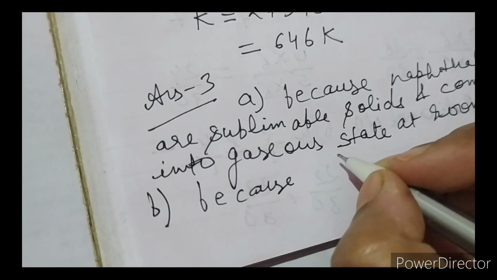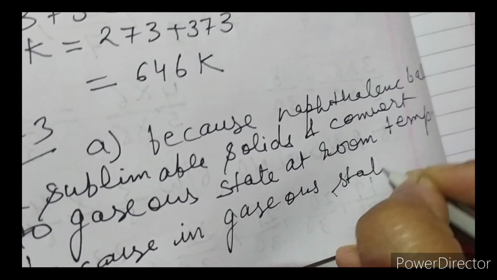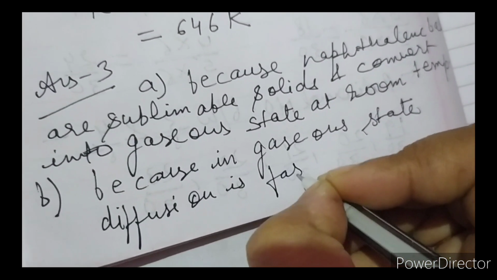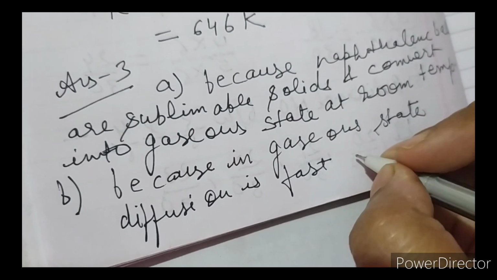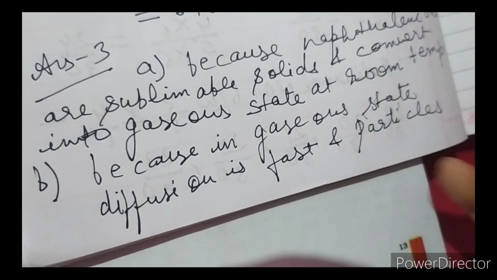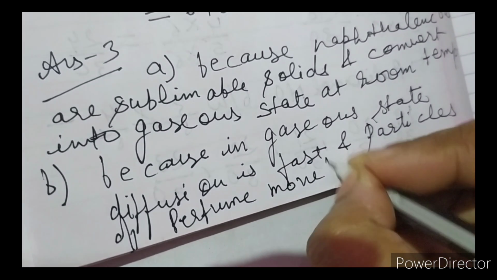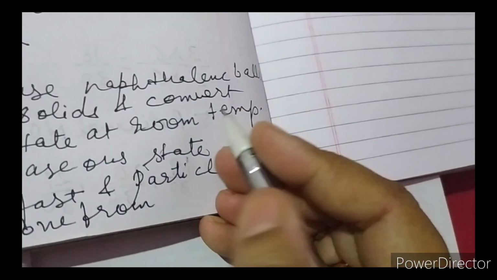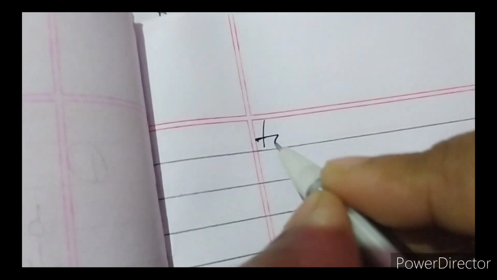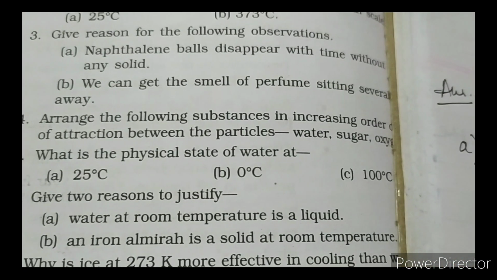Because in gaseous state diffusion is maximum, or if you can say fast, diffusion is fast, and therefore the particles of the perfume move from their higher to their lower concentration, and hence we can smell the perfume sitting several meters away.